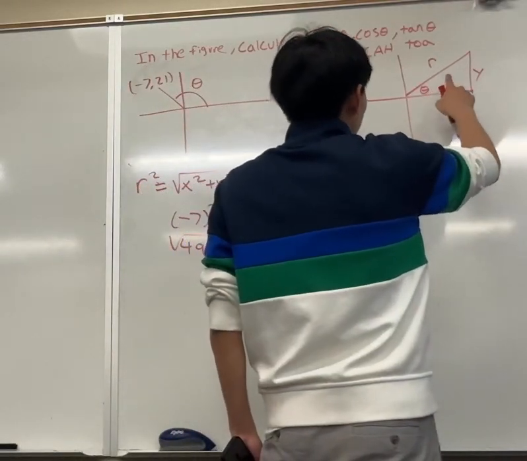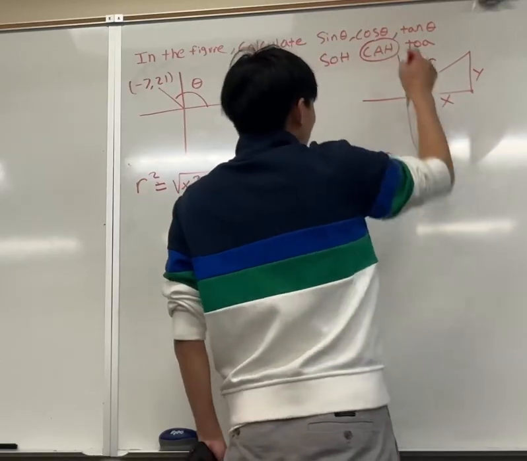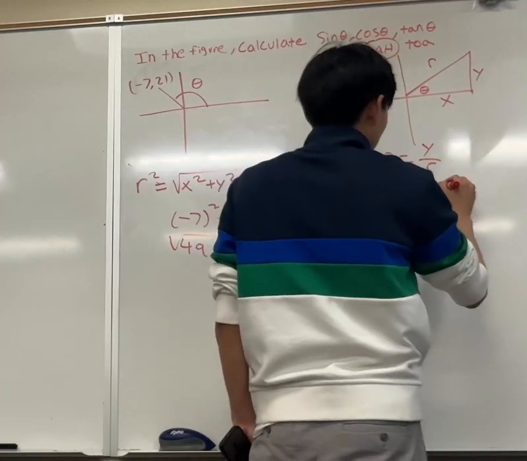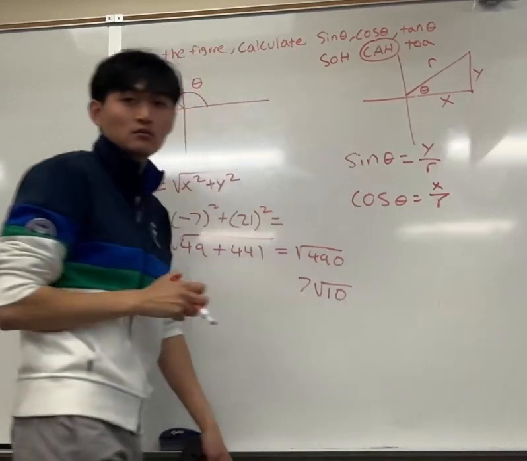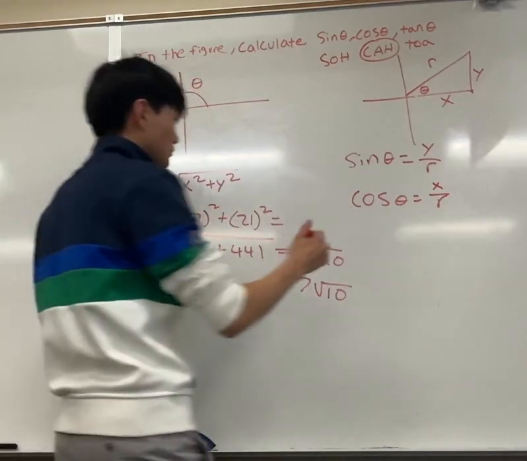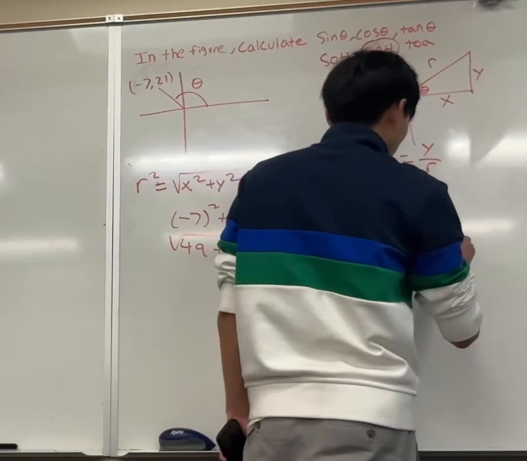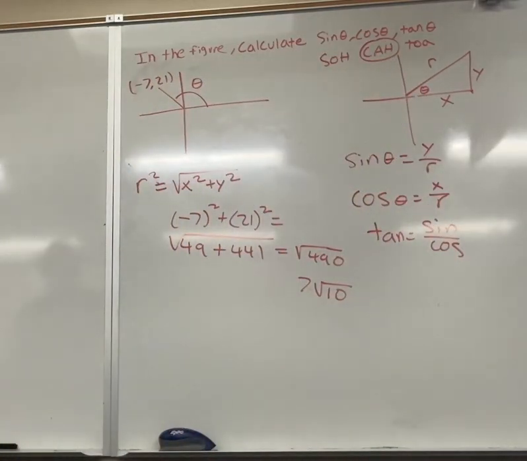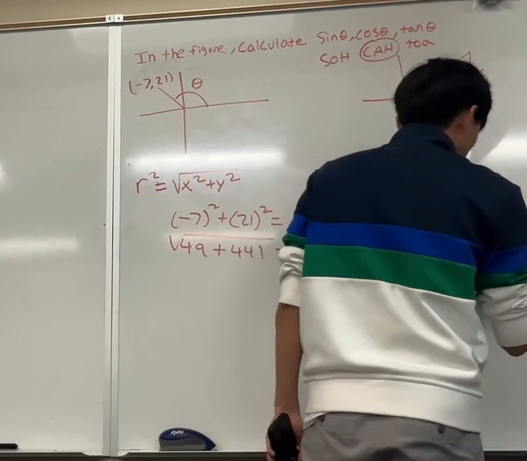It'll be adjacent, which is x, over hypotenuse, so it'll be x over r, because x is adjacent to theta and r is the hypotenuse. And tangent, we know that to be sine over cosine. That's just the trig formula for tangent. And for tangent, sine is my y, and cosine is my x.